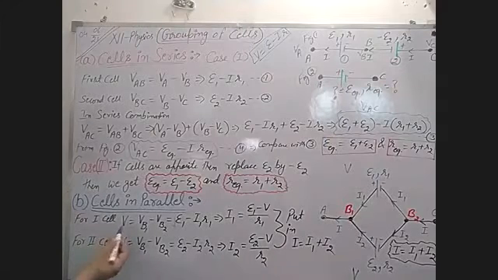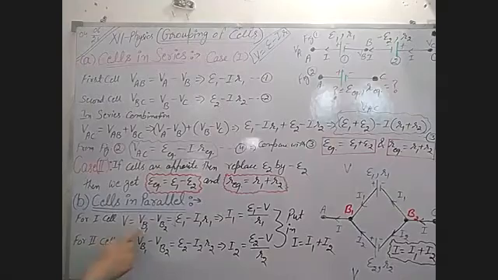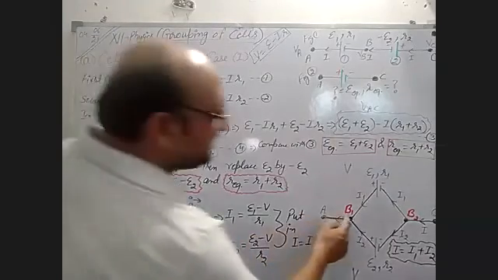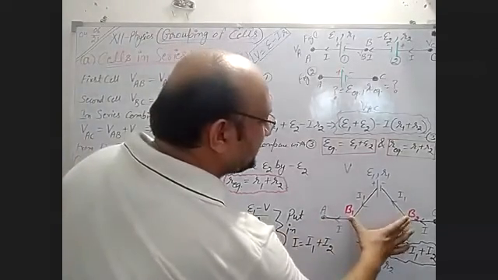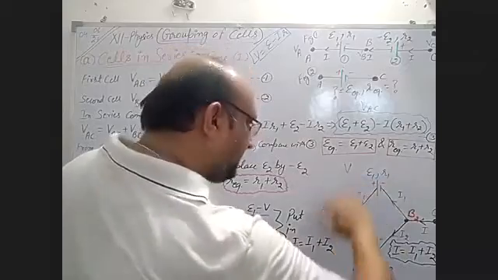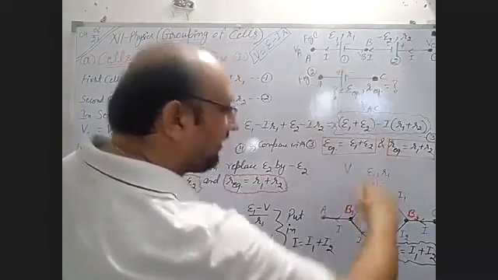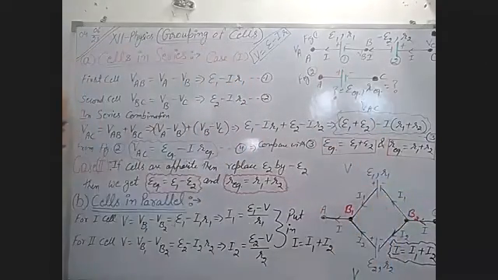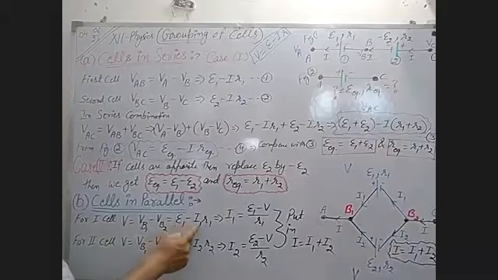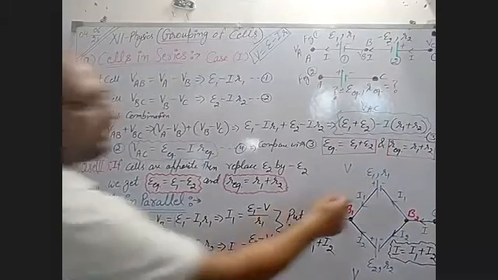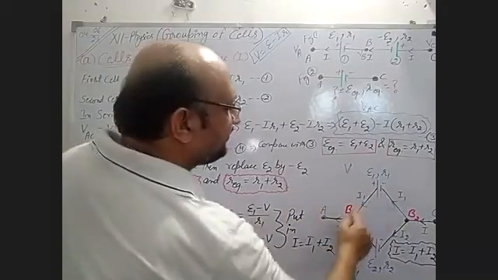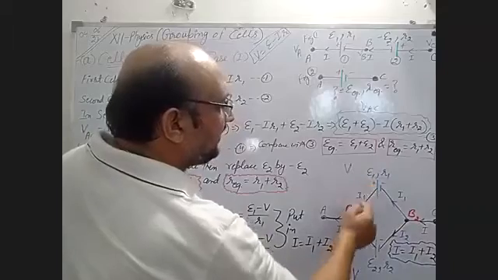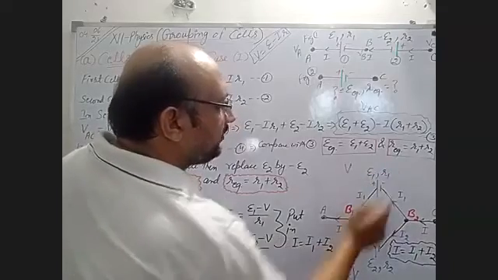Now, how can you take the value of potential? In the first cell, V is equal to VB1 minus VB2, the potential difference between these points. Firstly, we are taking the upper half of this circuit. The potential difference is E1 minus I1 into R1.